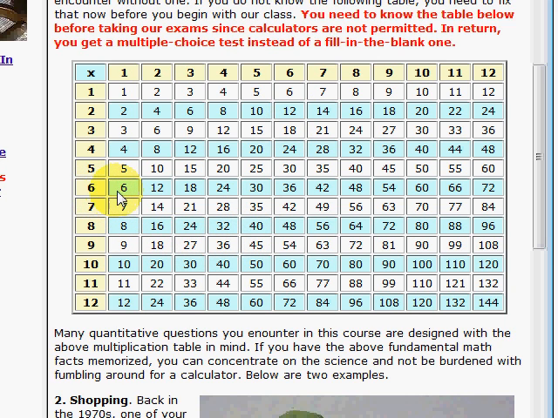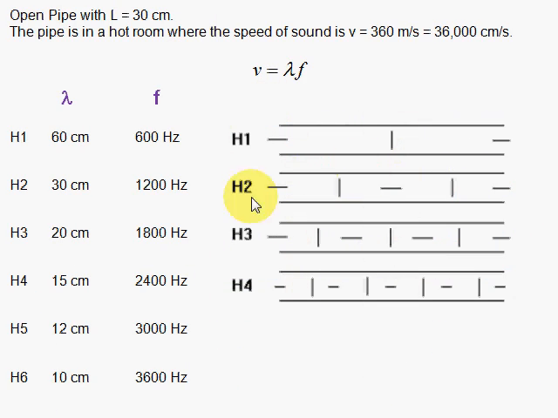So 1 times 6 is 6, 2 times 6 is 12, 3 times 6 is 18, 4 times 6 is 24, 5 times 6 is 30, and 6 times 6 is 36. Therefore these numbers will appear here with 2 zeros tacked on in each case. So 2 times 6 is 12, with the 2 zeros tacked on. 3 times 6 is 18, with the 2 zeros tacked on.